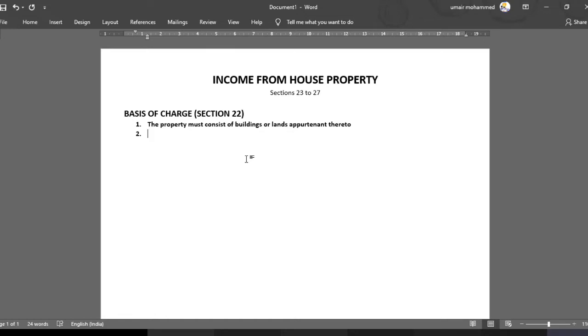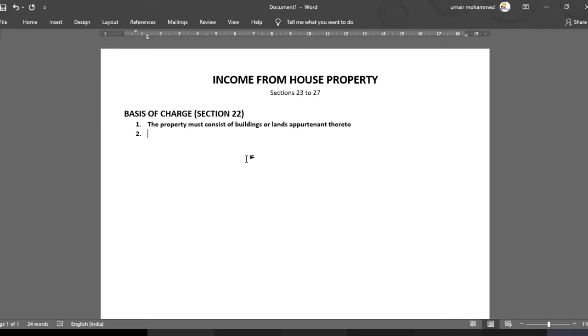So this first point itself indicates to us that any rent received from a vacant plot, ground, is not taxable under the head house property. Because in order to consider a transaction under the head house property, there should be a building. In a vacant plot, obviously there is no building.